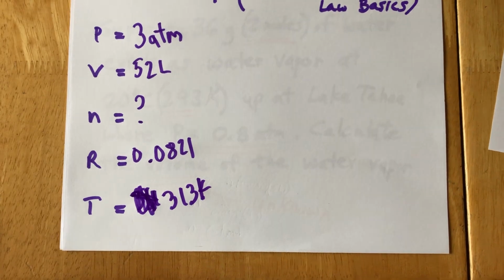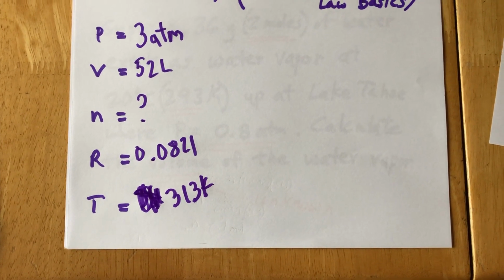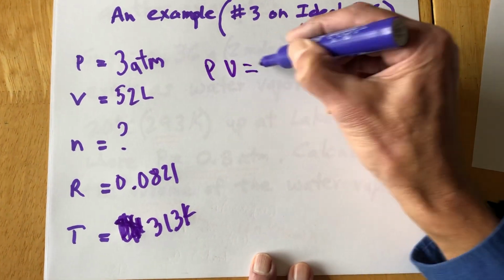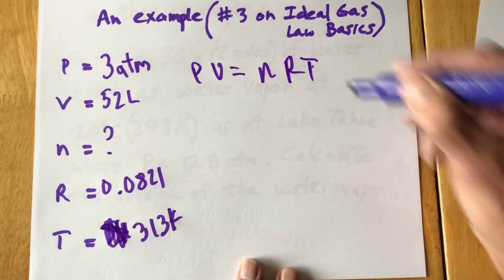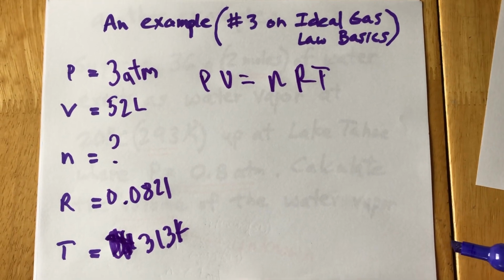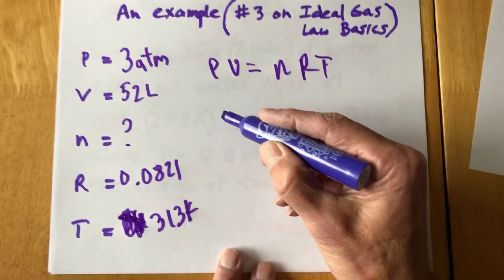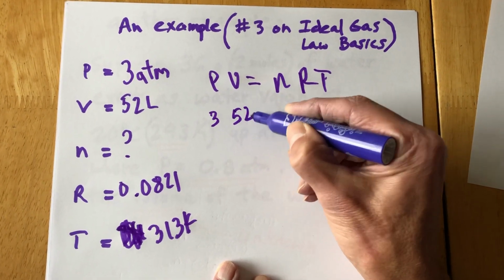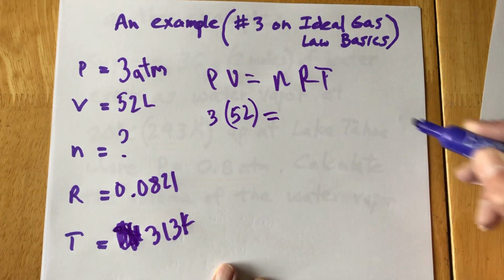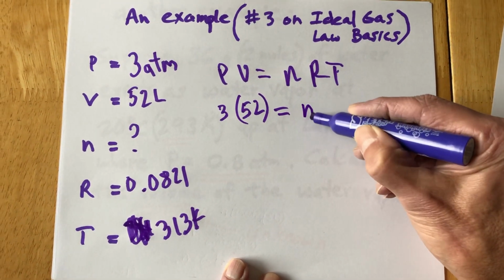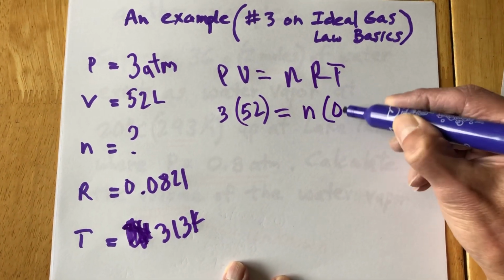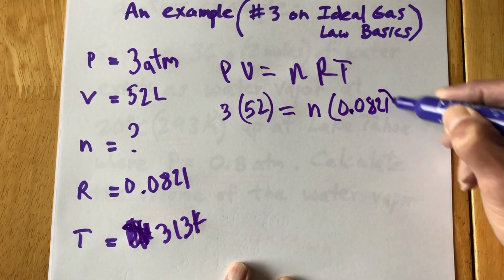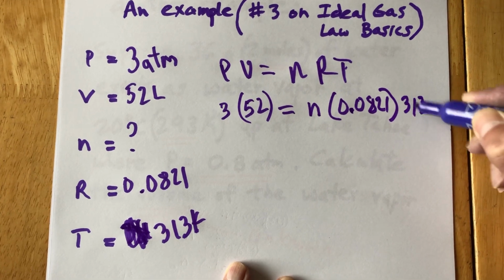Now put the numbers into the formula. PV equals nRT, so 3 times 52 equals n, which is what we're looking for, times 0.0821 times 313.